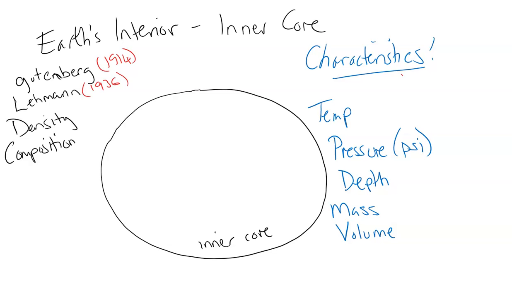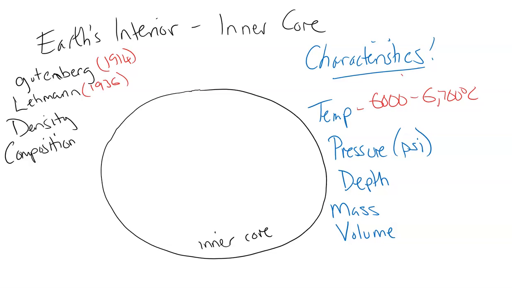So let's work on the characteristics, the amazing, awesome facts about the inner core that we are discovering every time we look at it in different experiments. And the temperature itself is insane. Looking at between 6,000 and 6,700 degrees Celsius, which is comparable to the surface of the sun.